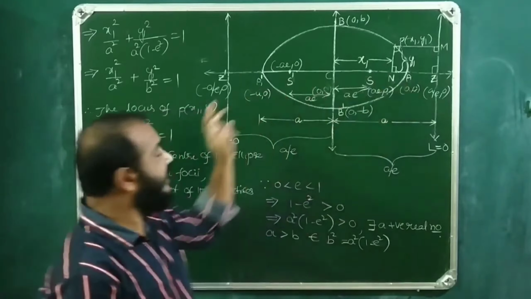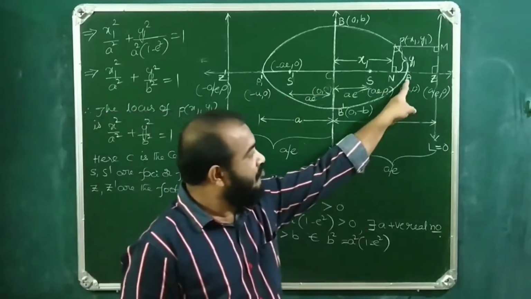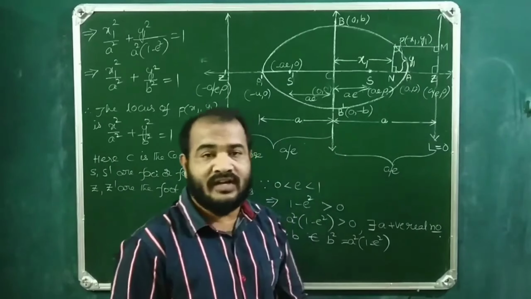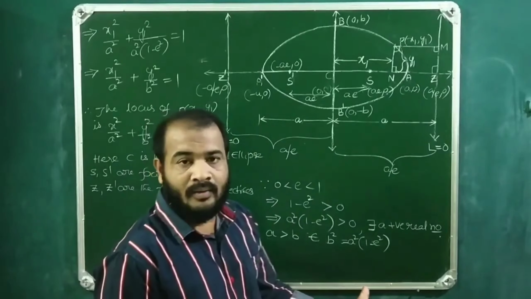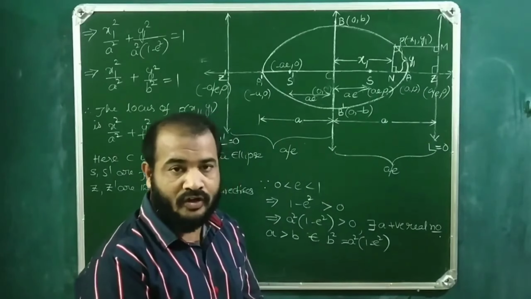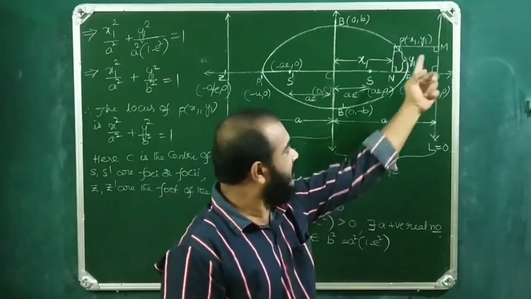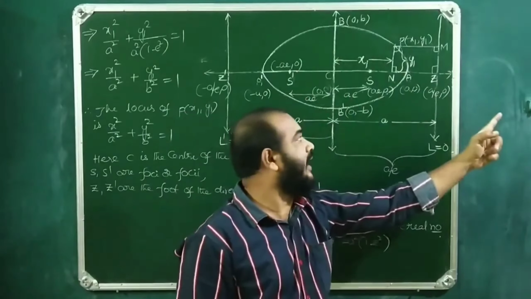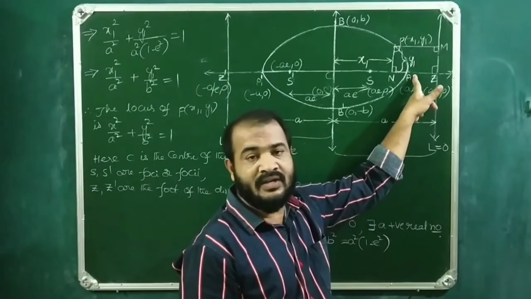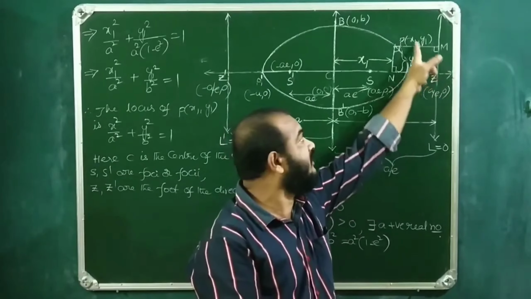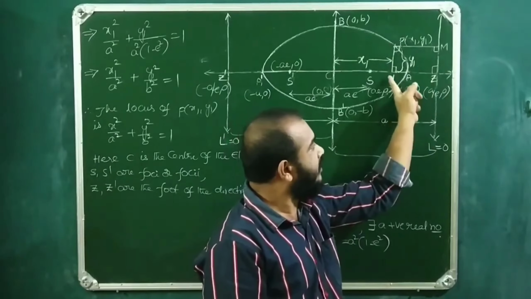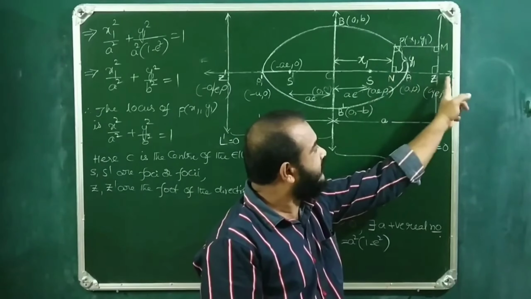And A comma A dash, A is the vertex. What is the definition of a vertex? The point of intersection of the ellipse and the principal axis. So what is A? A is the point of intersection of this ellipse and the principal axis, x-axis.